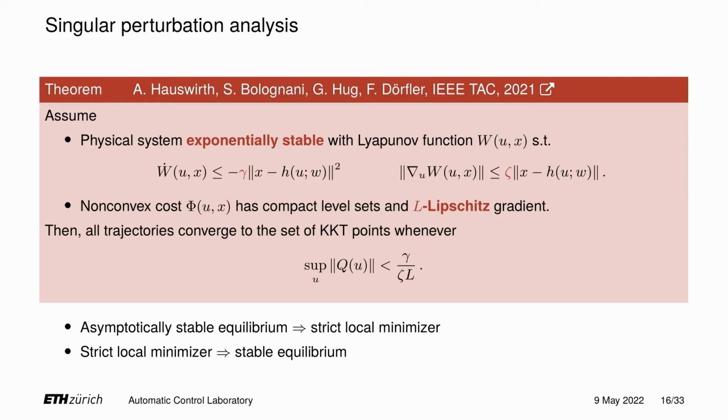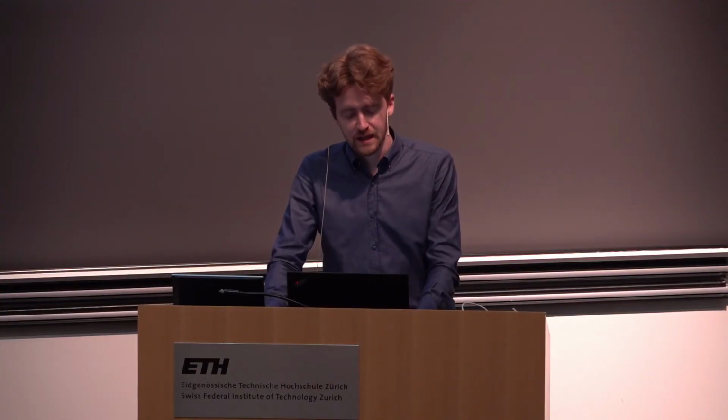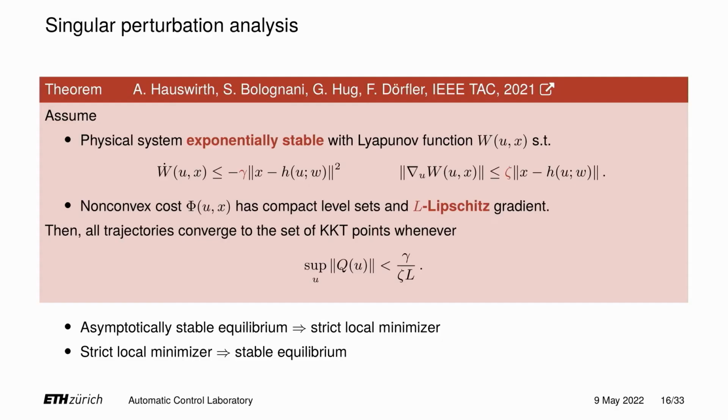If the cost function is steeper, then you need to be slower, and so on. At the end, you get almost a one-to-one correspondence between asymptotically stable equilibria of the closed-loop system and strict local minimizers, and strict local minimizers being stable equilibria, so almost a back-and-forth implication.